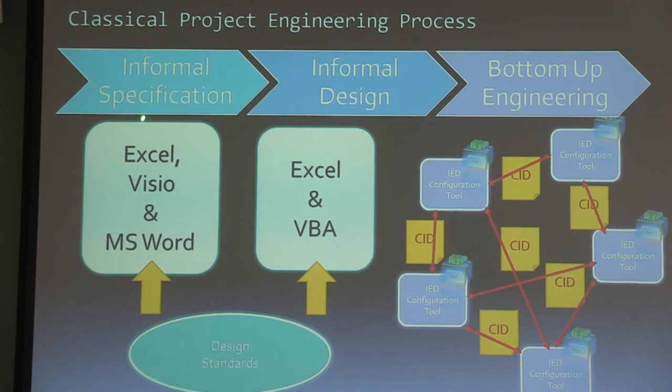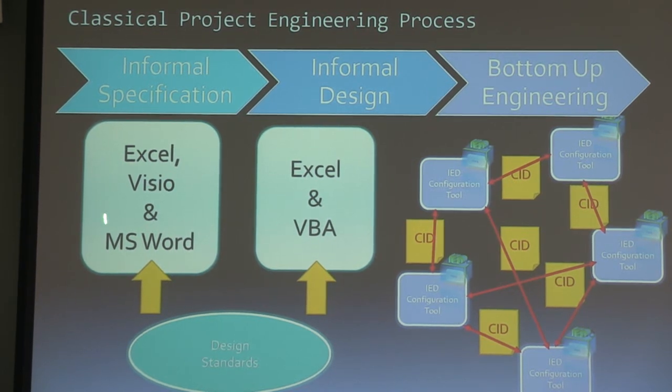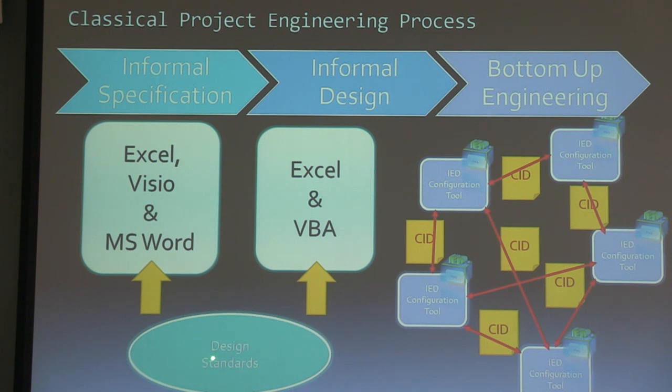Now, this informal specification is again done with the well-known tools here. It's based on the design standards that have also been made with these tools, and somehow the system specification is done. Some utilities have already a very sophisticated system based on this. They have really put in a lot of investment to make such a system work.